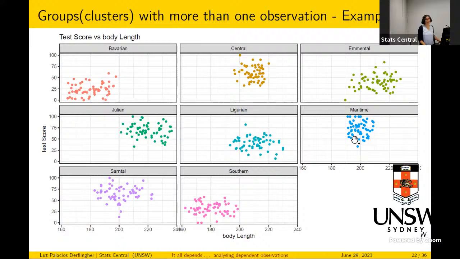So in this example, you could add a random slope by mountain range and check if that is relevant or not. There are tests to check if the variance of that random slope is relevant or not. That would be the answer for that.